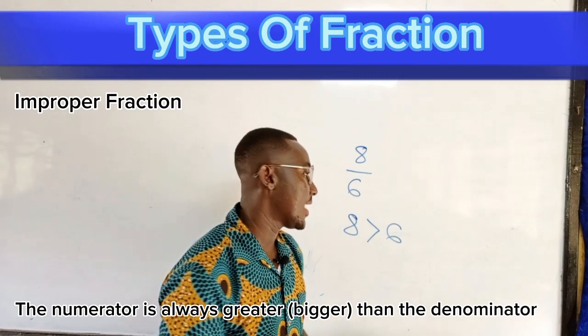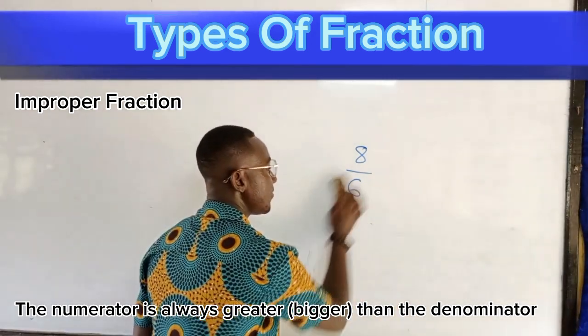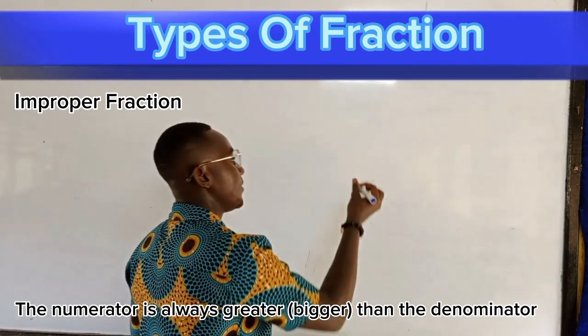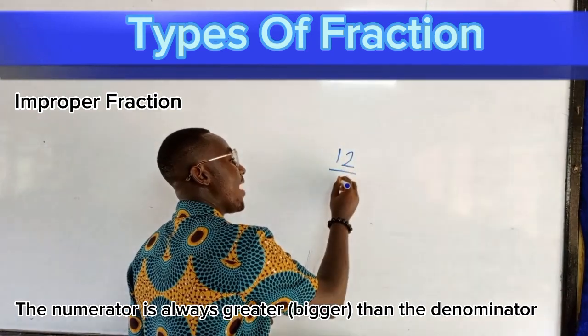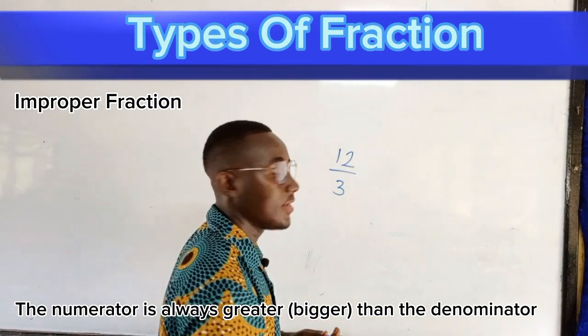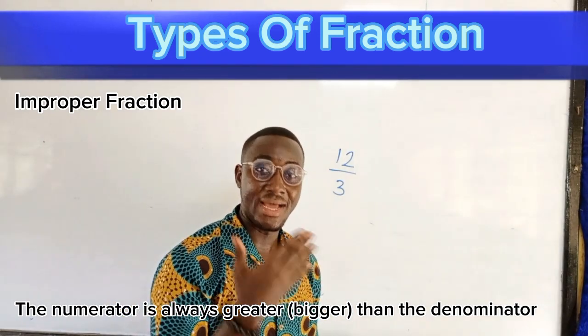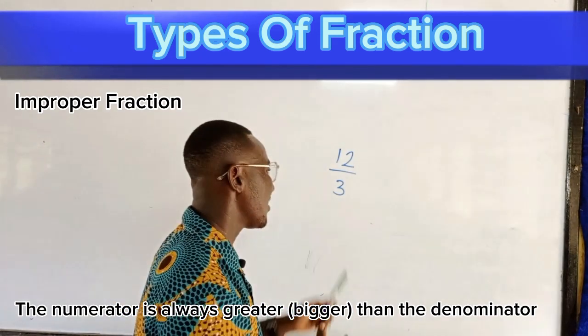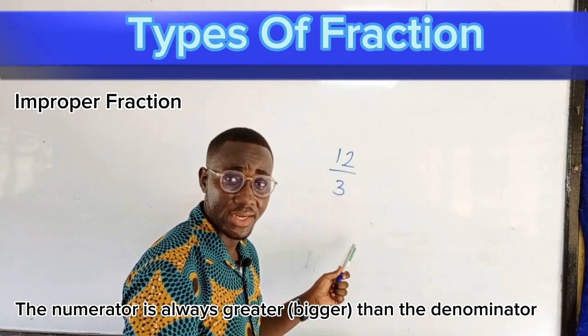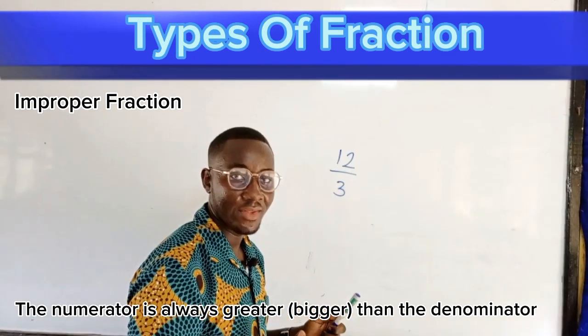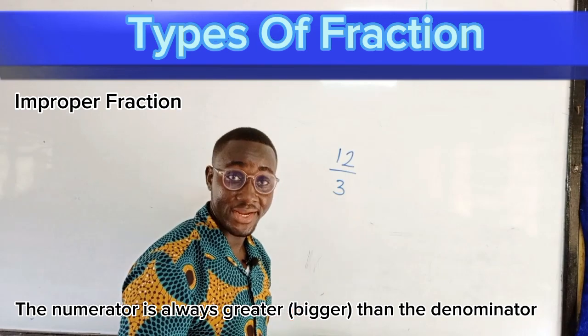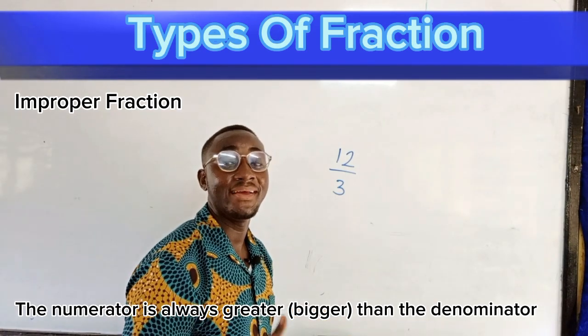Let's look at another example. If I have 12 over 3, the 12 is a bigger number, and it is far bigger than the 3. This makes 12 over 3 an improper fraction.